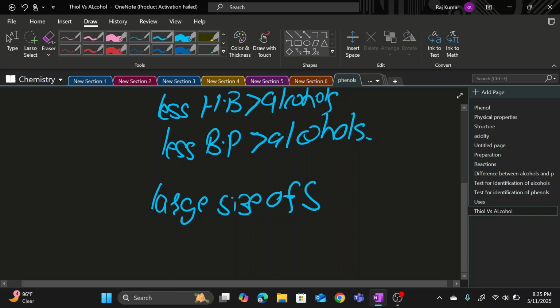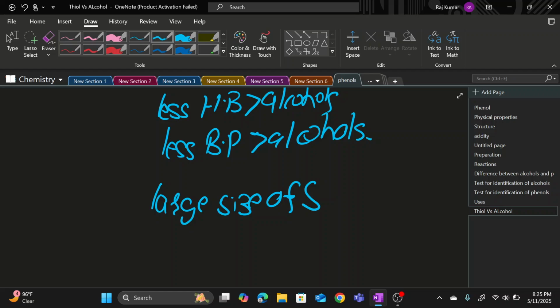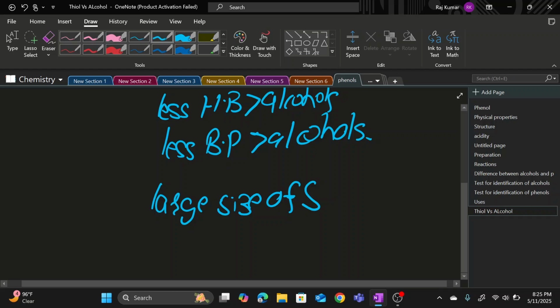Because sulfur is large in size, it has less nuclear attraction, due to which it forms less stable bonds, and because of the less stable bonds formed, it is more reactive.